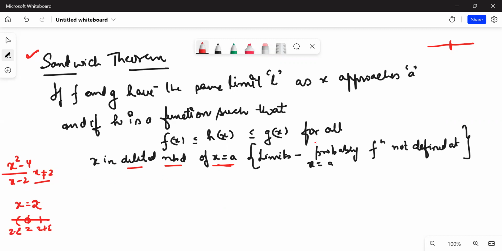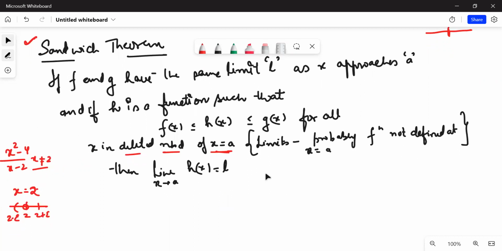Therefore I have written for all x in the deleted neighborhood of x equal to a, then the limit as x tends to a of h(x) will also be equal to L. Is that clear? So this is the sandwich theorem. Harshit, is that clear? Yes. Okay.